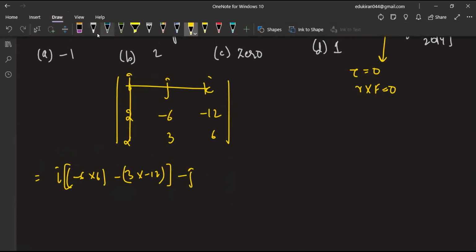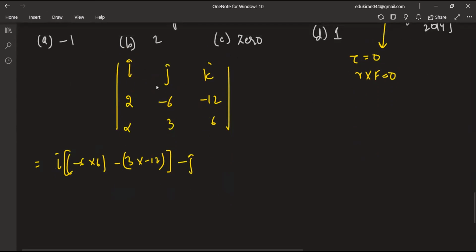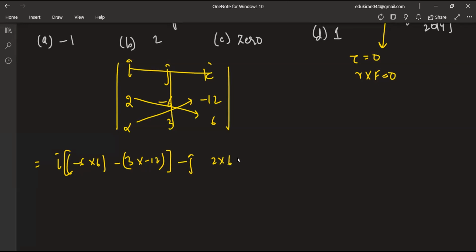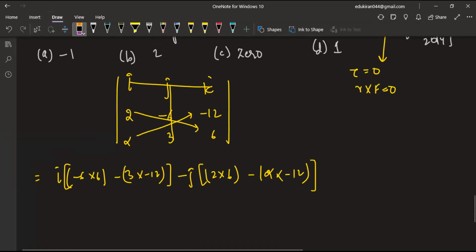When we talk about minus j cap, then 2 into 6, minus alpha into minus 12. This is minus j cap.